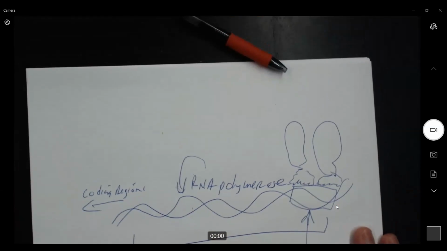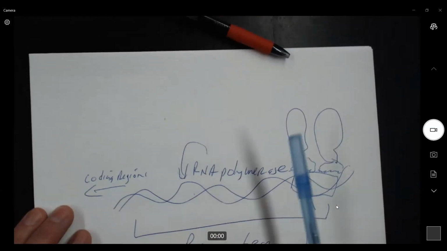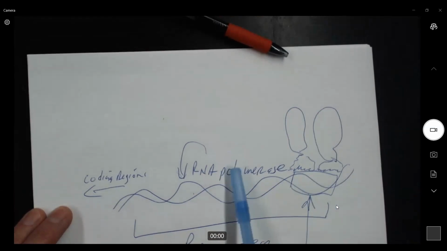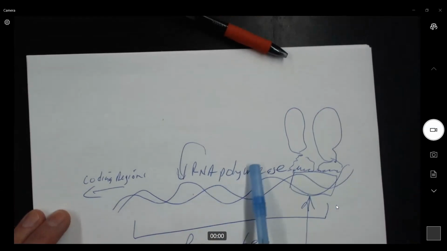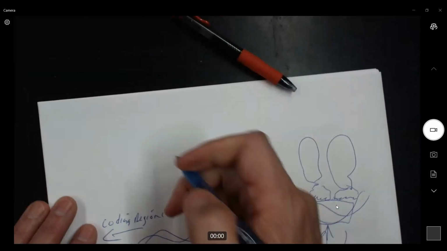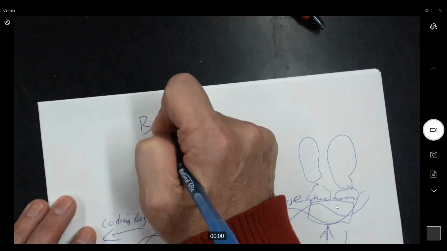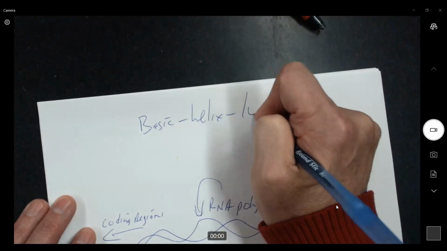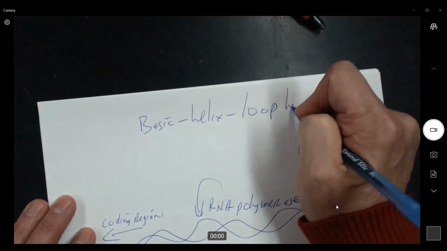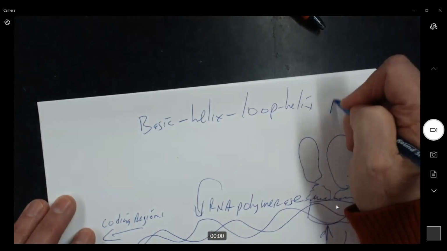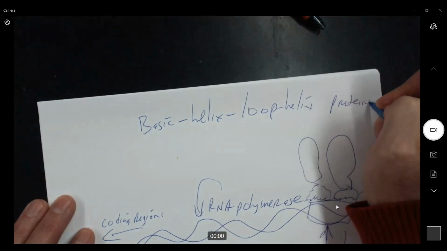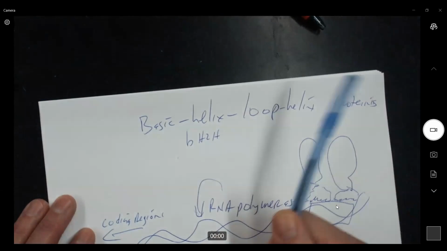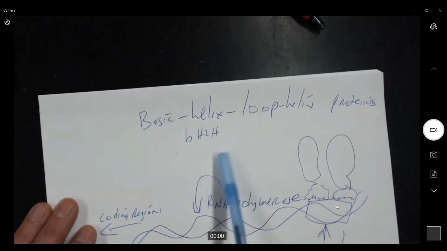So one of the groups of these transcription factors that activate RNA polymerase complexation on the promoter are the basic helix-loop-helix proteins. And these are just called BHLH because writing that out all the time gets to be a drag.